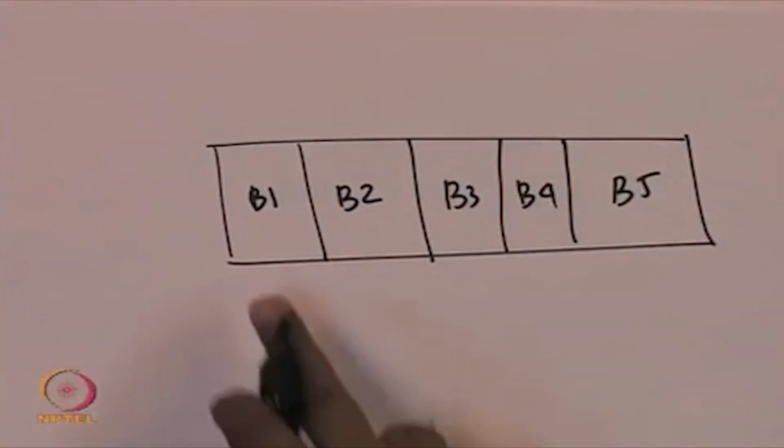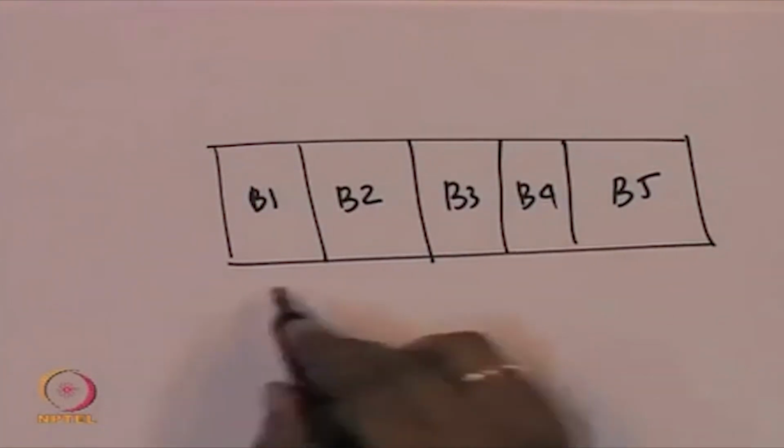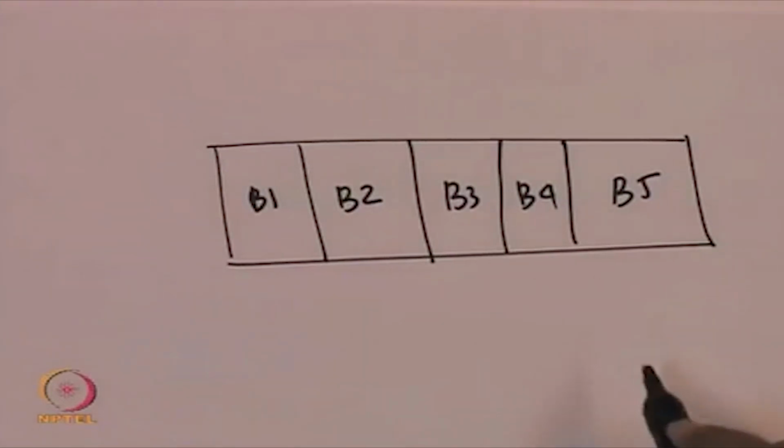These books in the library will be arranged in a particular order according to either their serial number or accession number. There will be some particular number given to each book, and in a particular rack, these books will be arranged in a particular order.